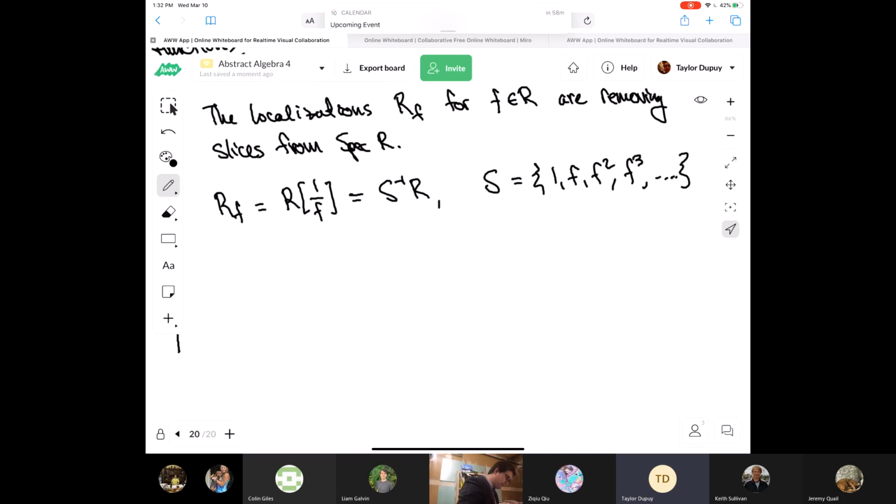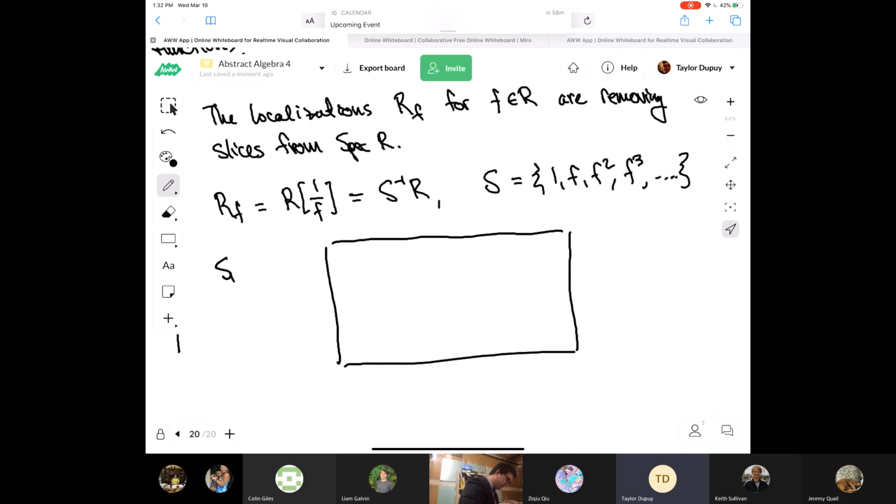Okay, so when we do this, here's Spec R. I'm just drawing it as a box. Then you have this slice in here, which is the place where f vanishes, V(f).